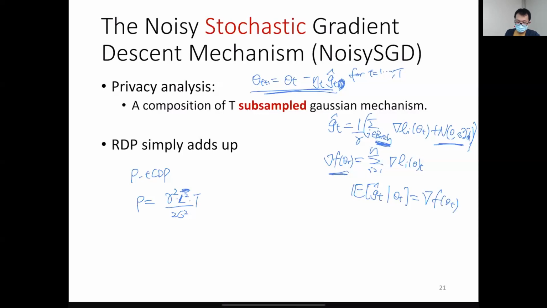So that's the rho TCDP parameter of the noisy SGD algorithm by running this for T iterations.